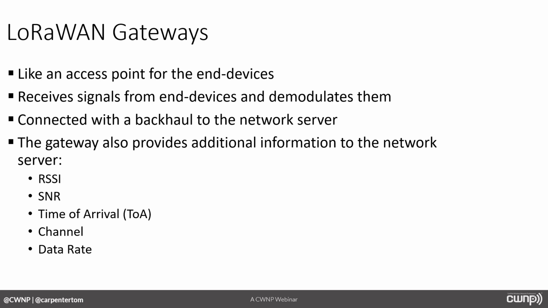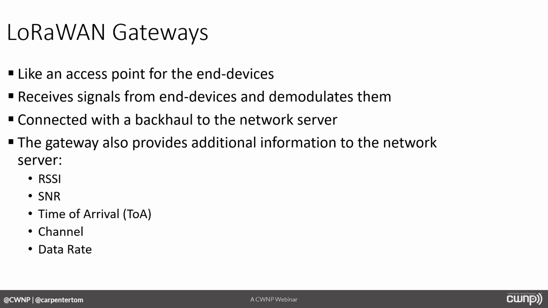So it not just sends the payload for the communication from the IoT device to the network, but it also says, oh, and when I received this payload, here's the signal strength I saw. Here's the signal noise ratio. This was the time of arrival. Here's the channel they sent it to me on, and this was the data rate they used to send it to me.